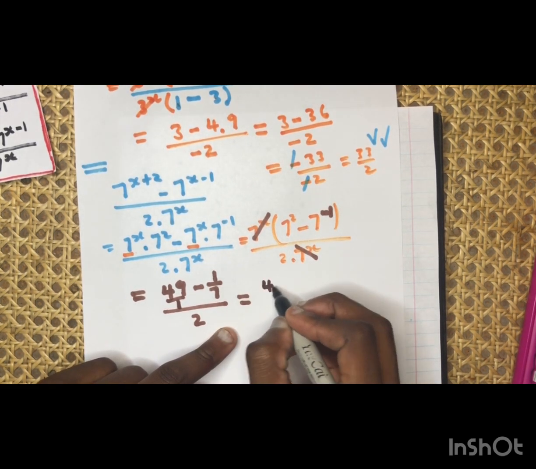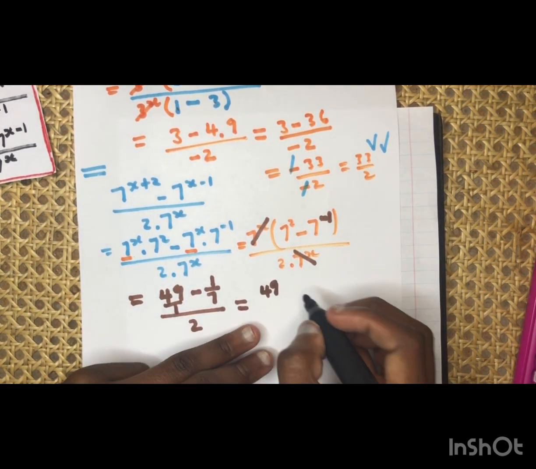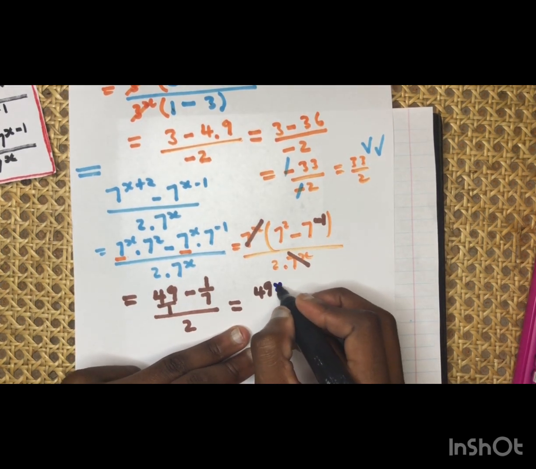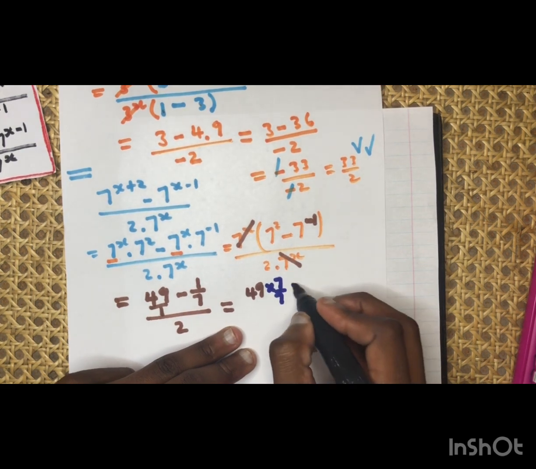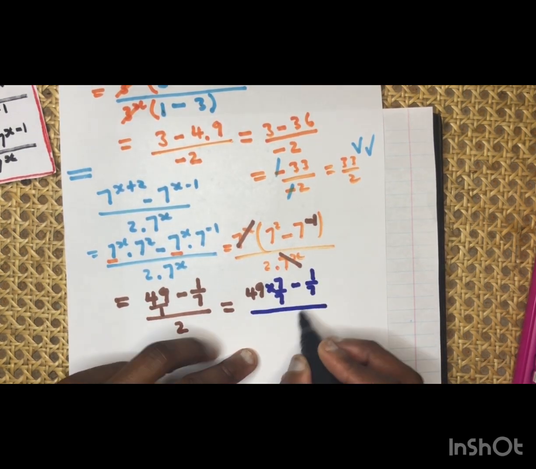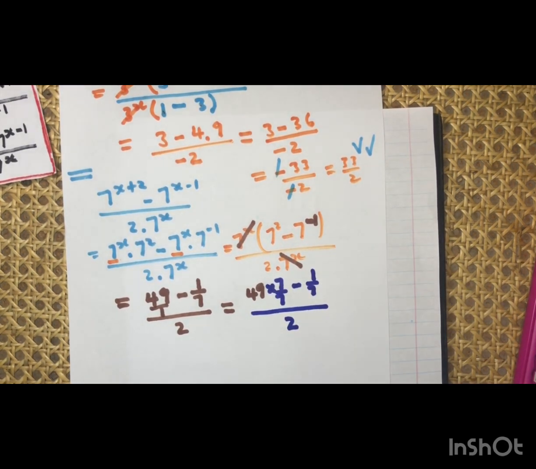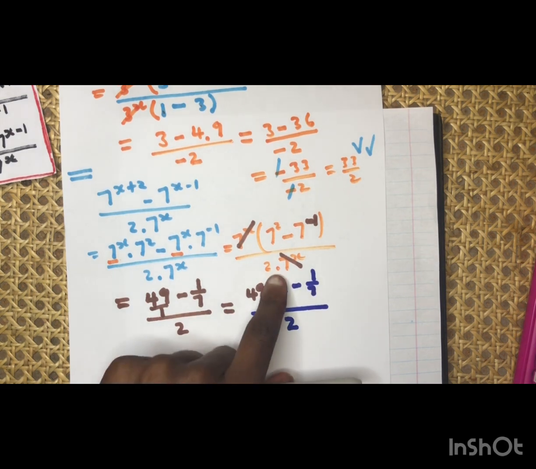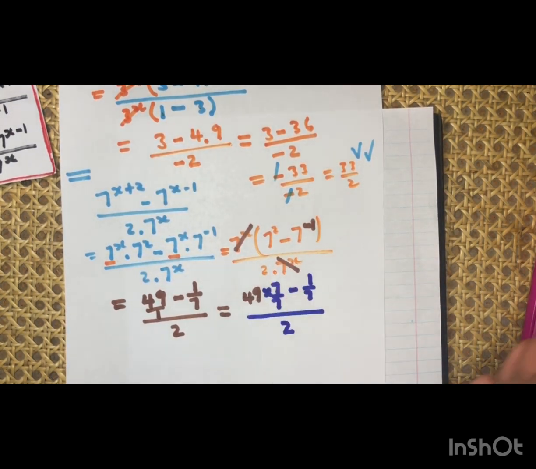So I'm going to say 49, then I'm going to use what we call an identity element. So I'm going to multiply by 7 over 7 for 49, then minus 1 over 7, all divided by 2. We can see that in the identity element, 7 divided by 7 is still 1, because if I say 7 divided by 7 times 49, I'm still going to get 49.